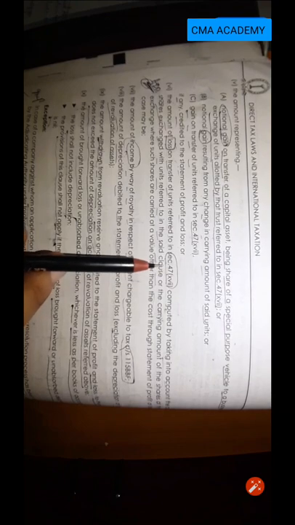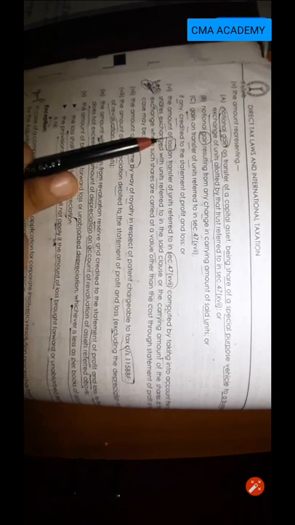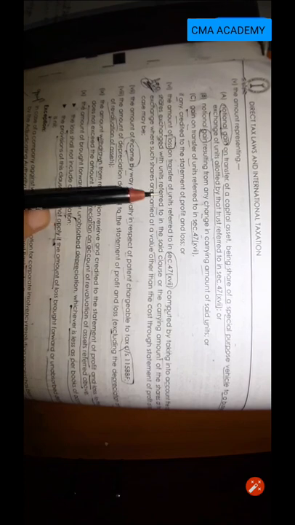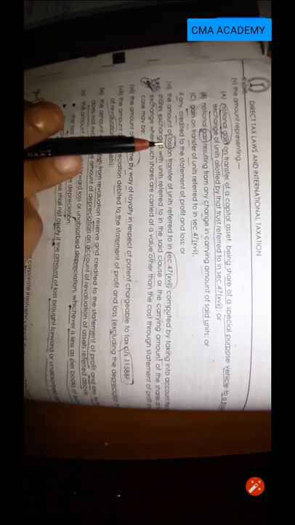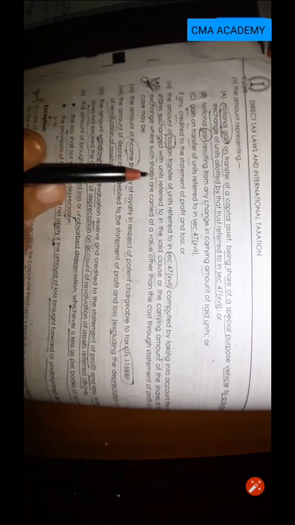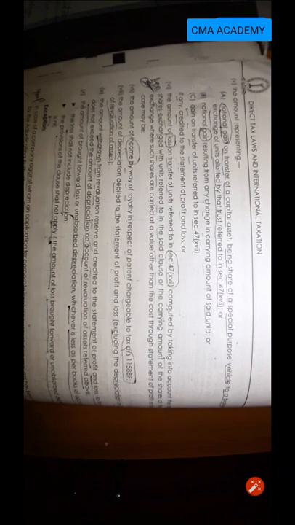So if any loss arises from that unit, it should not be allowed as deduction. And if any gain is received from that unit, it is also not a part of the profit, so it should be reduced. And if any loss arises from the units, that should be added back in the profit.